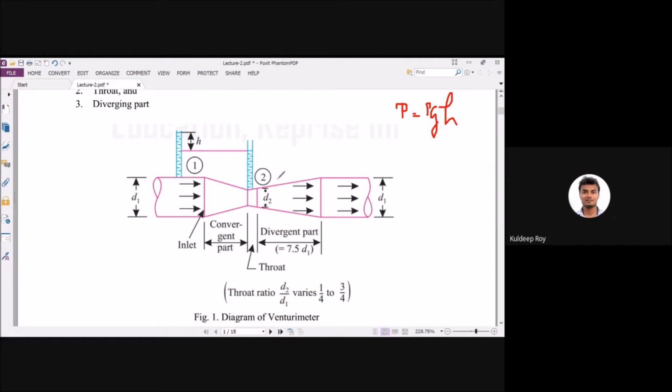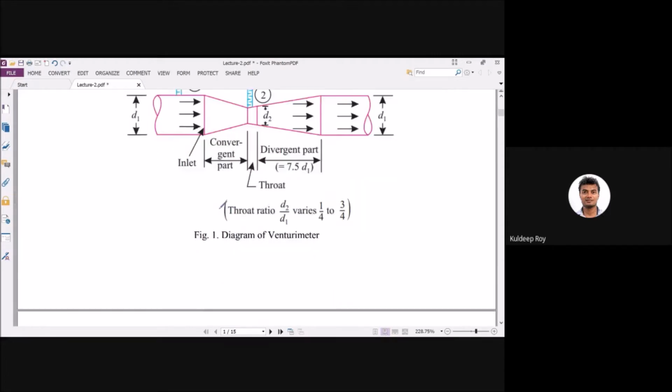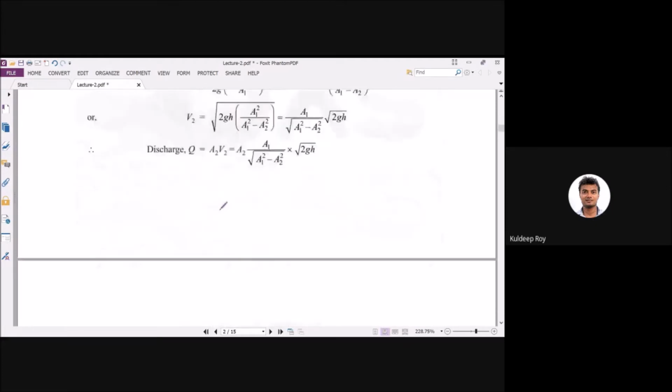So you want to determine a particular constant value where you can easily put in your values. Now this value is known to you, because when you apply any kind of manometer, a small tubing, when you put it here and here, the change in height, this height from here to here, will give you the value of h.